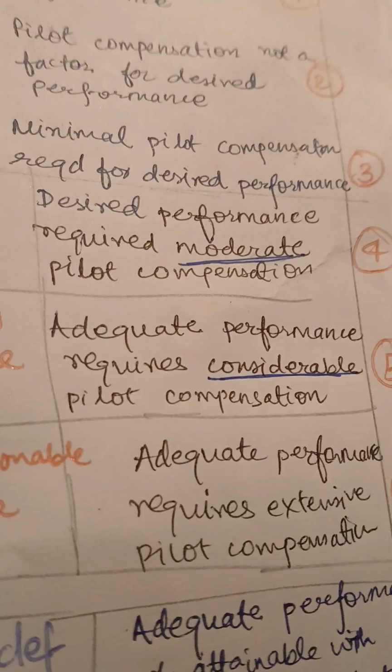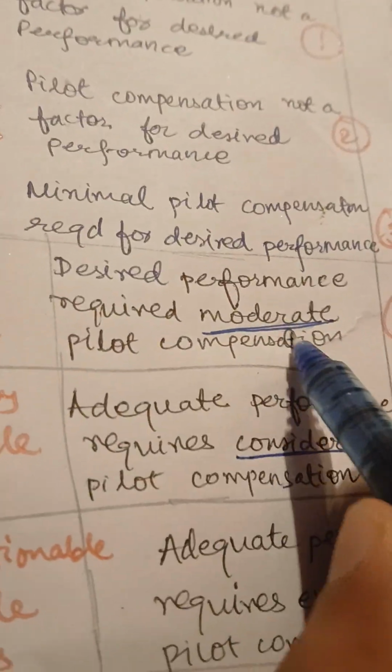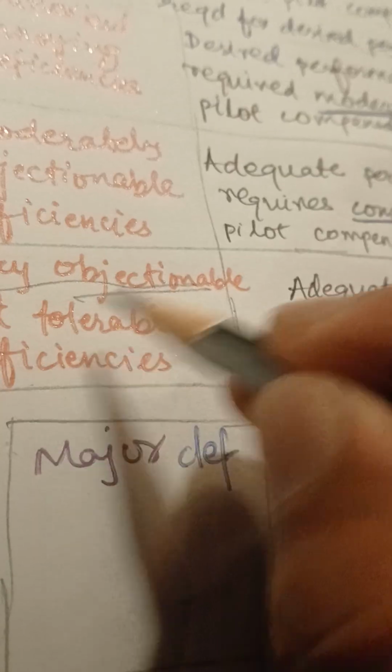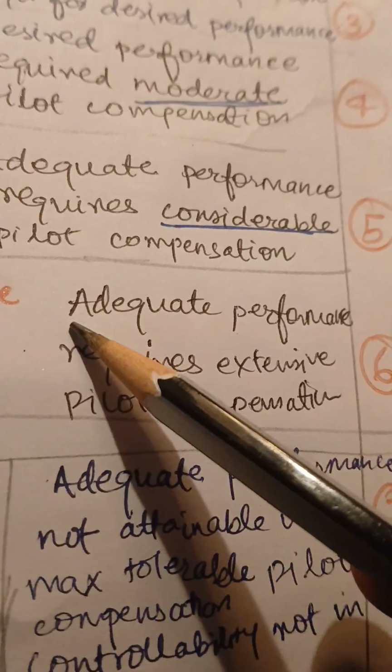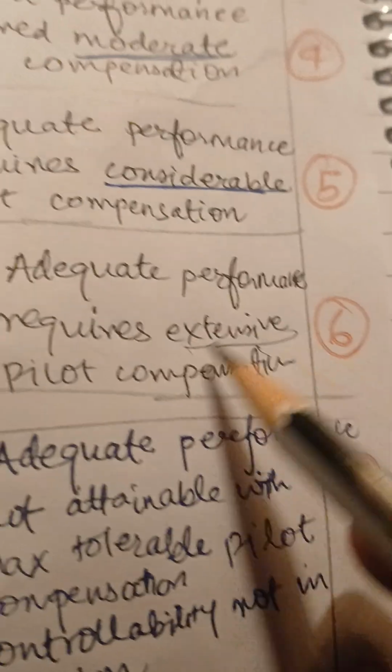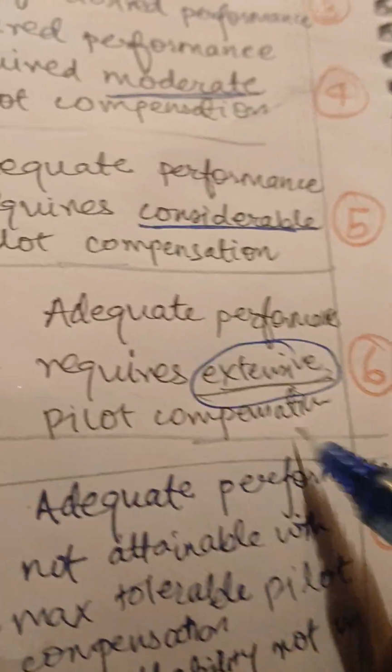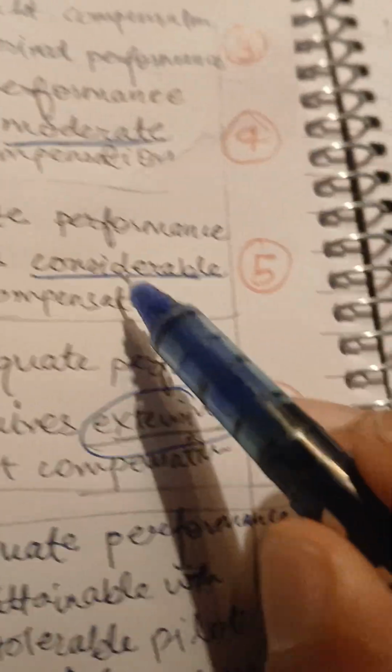Adequate performance requires considerable pilot compensation. Next is very objectionable but tolerable deficiencies, where adequate performance requires extensive pilot compensation. The keyword is extensive. Here it was considerable, here it is extensive.